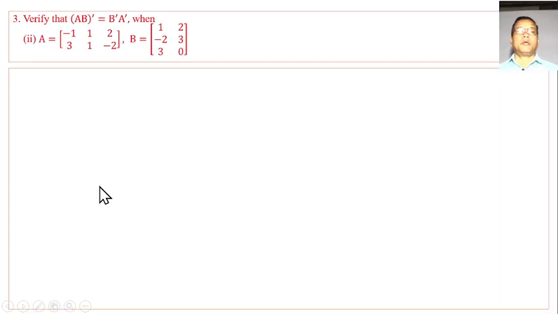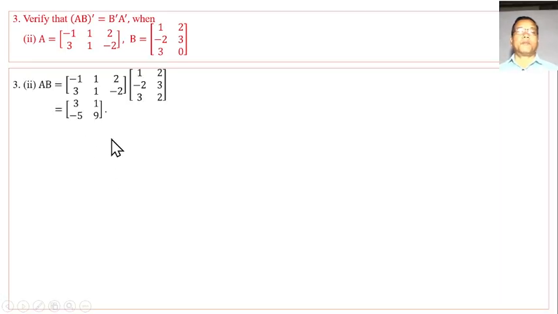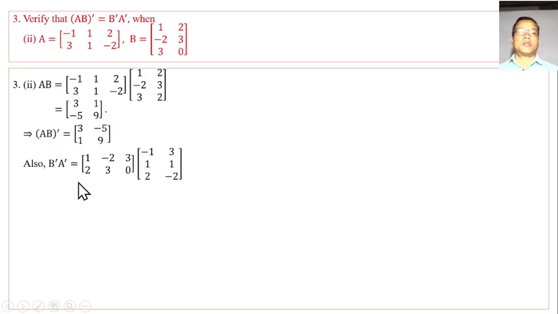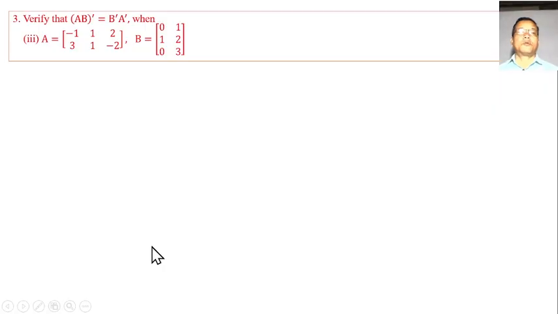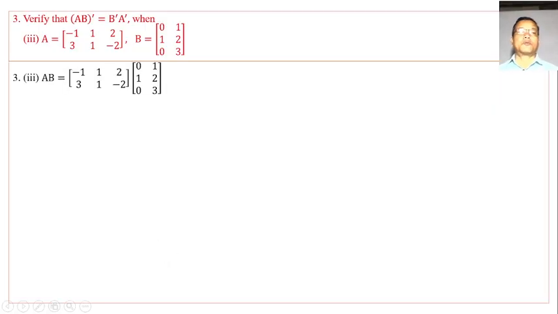Then the product AB, we take the multiplication, then its transpose: the first row becomes the first column, the second row the second column. So B transpose into A transpose, we take it also, and its right side and left side are the same. Therefore this equal to this is verified. Roman number 3: with the product AB, next its transpose, the first column and second column.